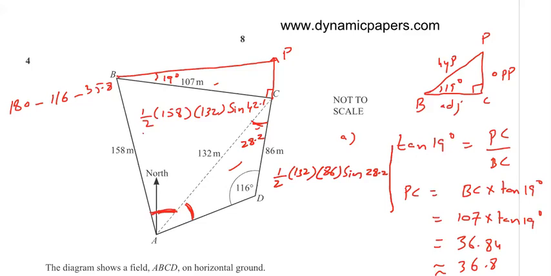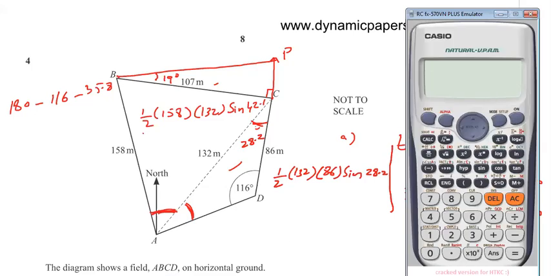So just add both of these to get the total area. Total area will be 0.5 times 158 times 132 times sine of 42.1, and then 0.5 times 132 times 86 times sine of 28.2.